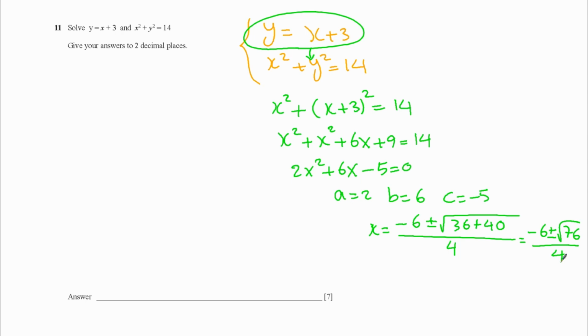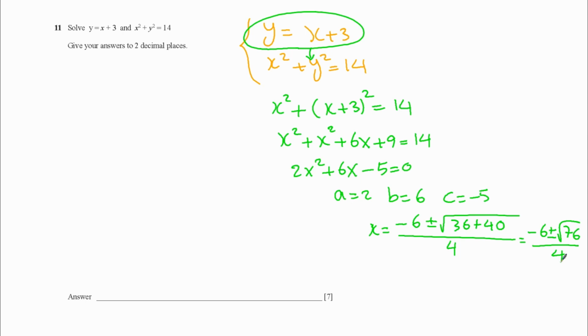So I come back in here: y equals x plus 3, x squared plus y squared equals 14. I am replacing x plus 3 in here, and then I expand this: x squared plus 6x plus 9 equals 14. So far it is right. Then we have this 2x squared plus 6x minus 5 equals 0. So that is right too.